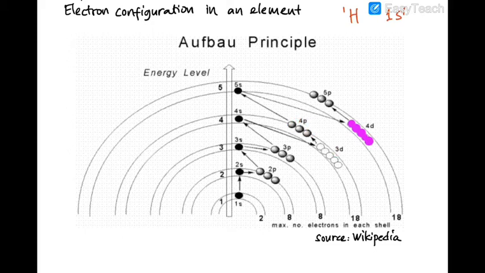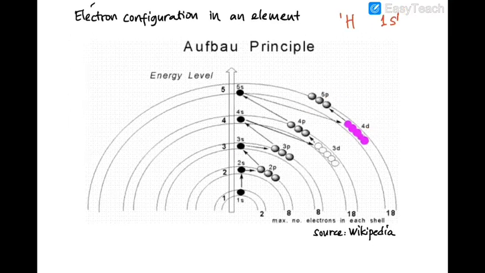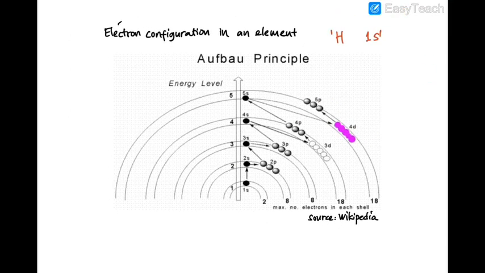So the sequence of filling in electrons in orbitals goes 1s, 2s, 2p, 3s, 3p, 4s, 3d, 4p, 5s, 4d, and 5p. Let me write that down for you.